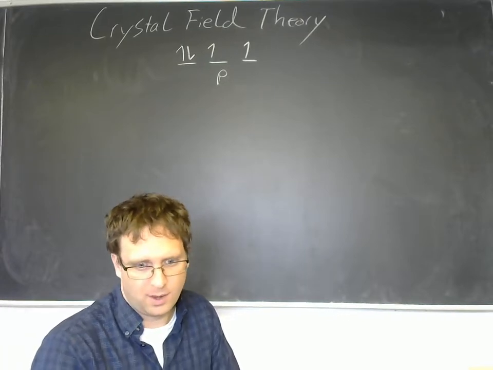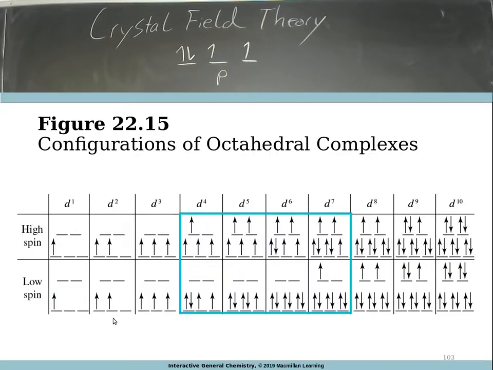Okay, so here figure 22.15 gives all of the different configurations for octahedral complexes. If you have 1, 2, or 3 d electrons, then it doesn't matter if you're high spin or low spin. But once you get that 4th electron, the high spin compounds are going to start adding electrons in the upper energy level. The low spin compounds are going to start pairing them up.